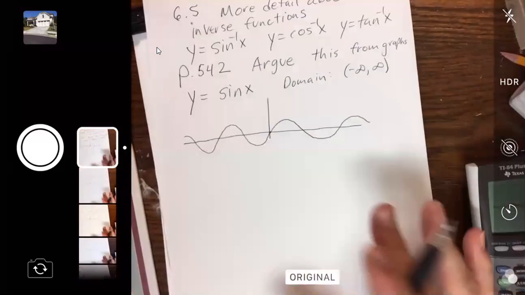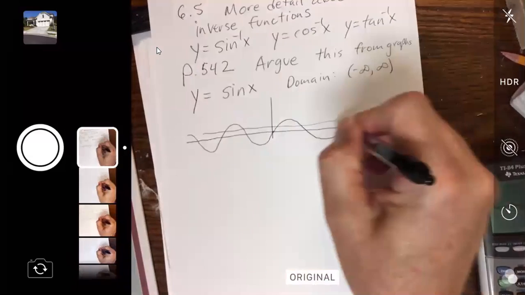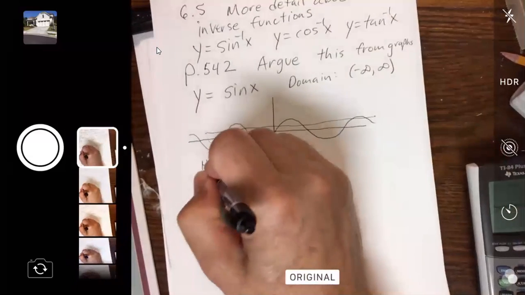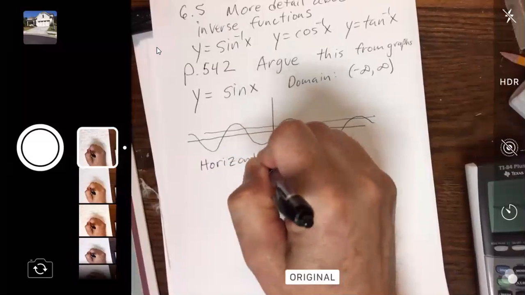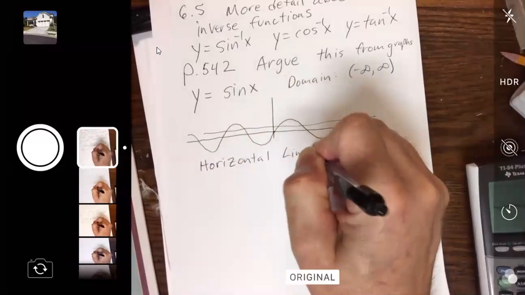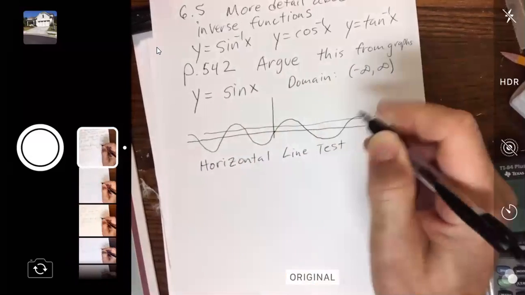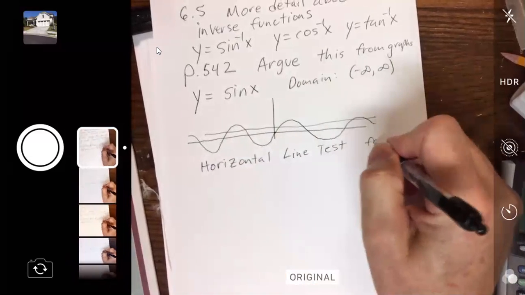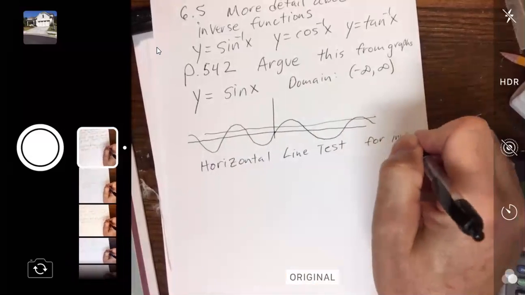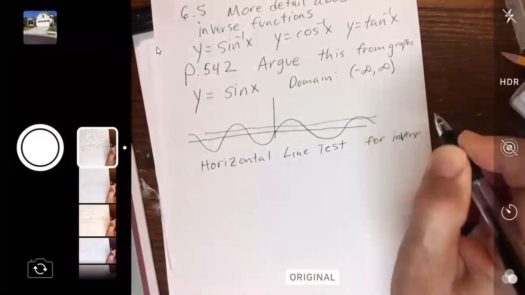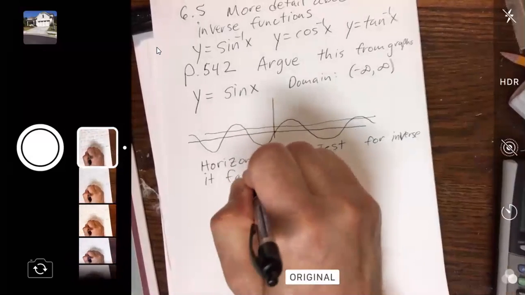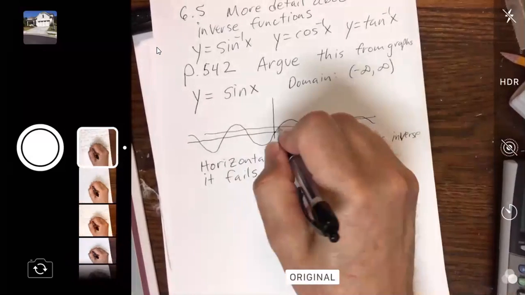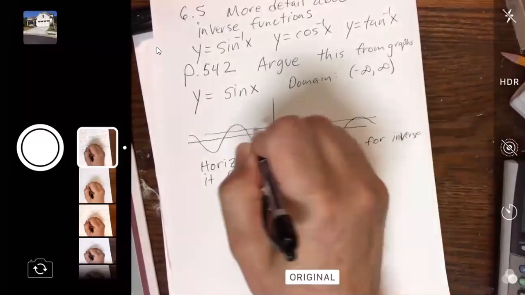I'll just remind you what we did earlier. There's a horizontal line test for an inverse, and it fails. A horizontal line can only go through once to have an inverse.